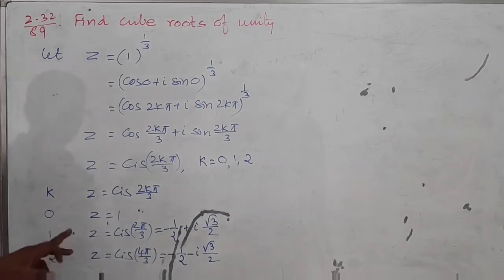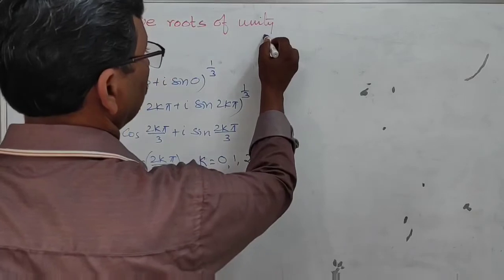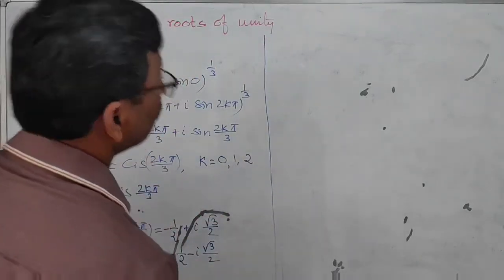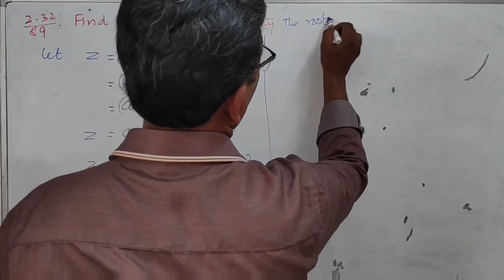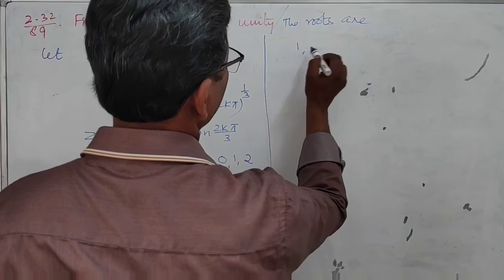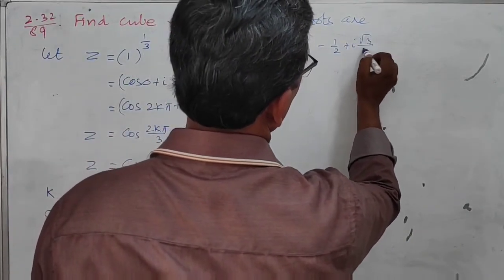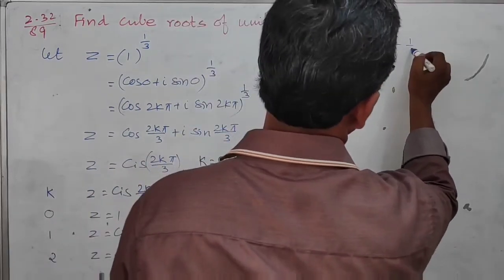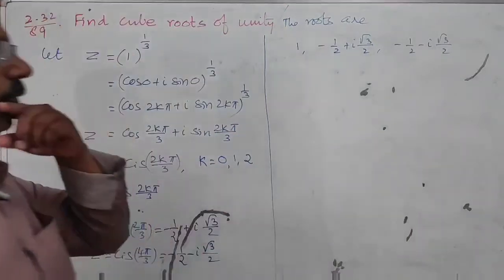Likewise, you can find these other roots. Now, these 3 roots are 1, then minus 1 by 2 plus i root 3 by 2 and minus 1 by 2 minus i root 3 by 2.